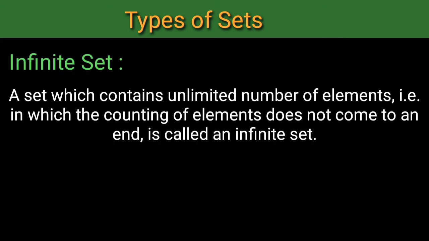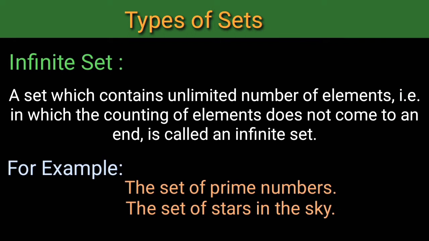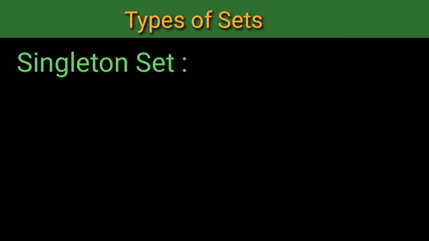In the same way, a set which contains an unlimited number of elements, that is, in which the counting of elements does not come to an end, is called an infinite set. For example, the set of prime numbers and the set of stars in the sky are both uncountable.